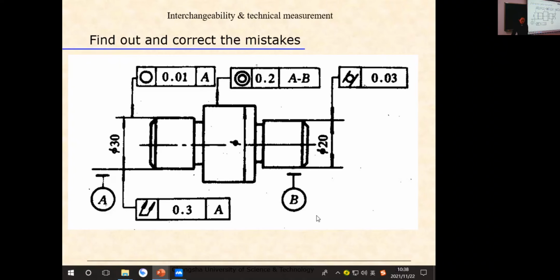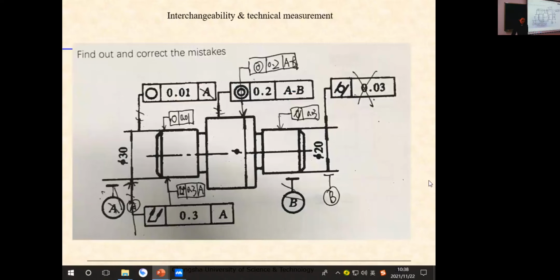So the right answer is here. The cylindrical is not the axis, right? Can you understand? You need to see it and understand it.